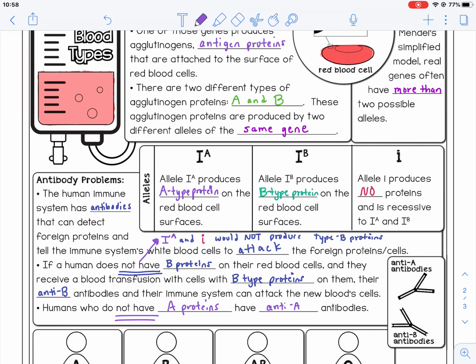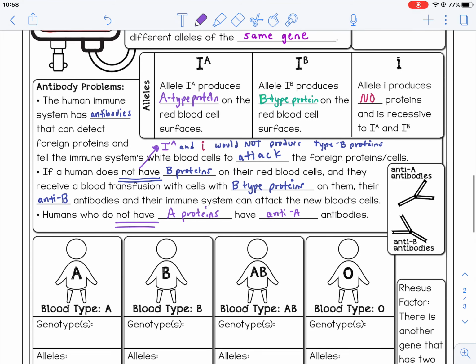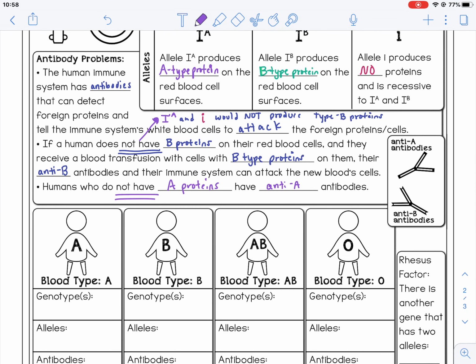So you're going to have the antibodies to anything that you don't have, because anything that you don't have is going to be foreign to your own body. So if you had type A blood, but you were given type B blood, you're going to fight it off because it's foreign to your body.